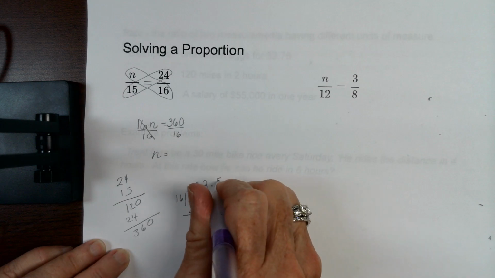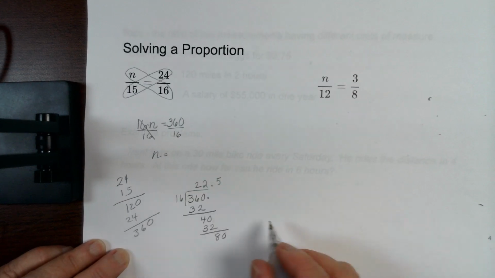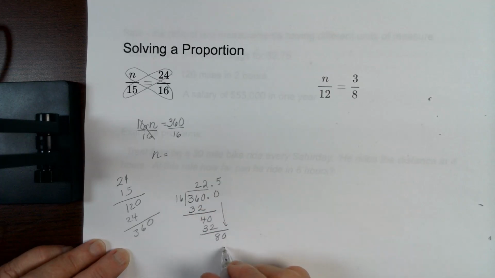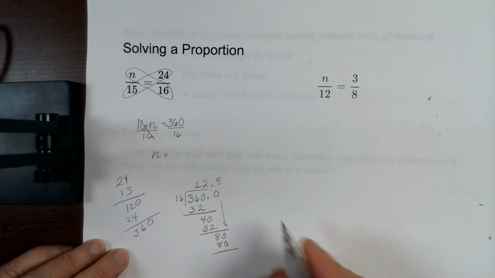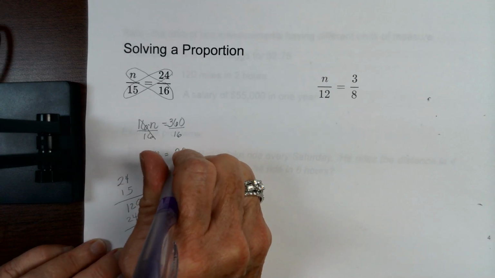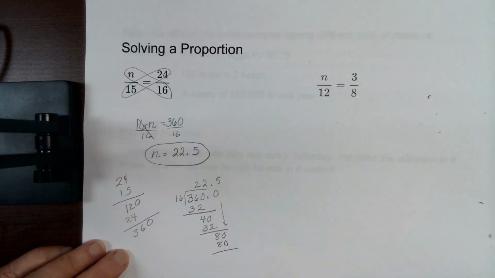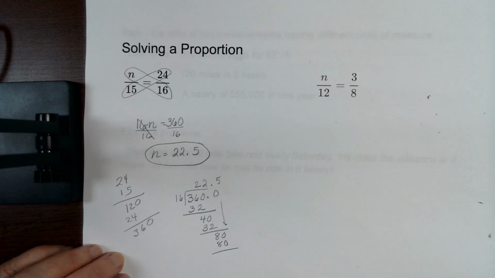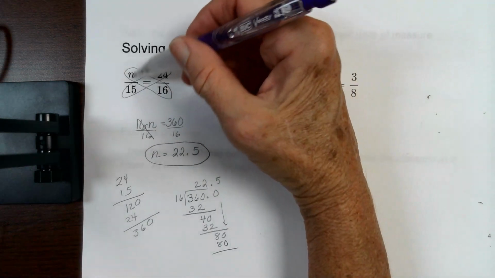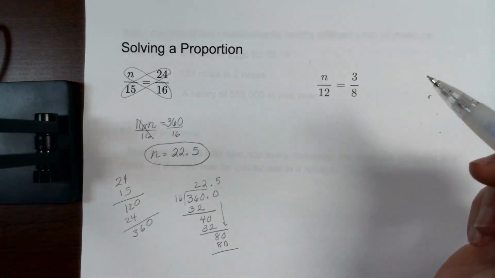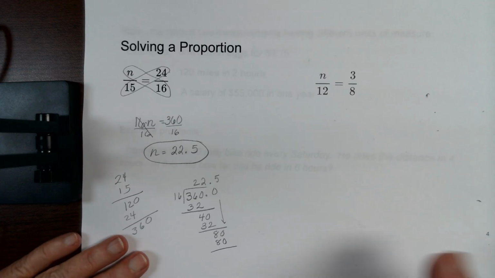Then I move my decimal straight up, add a 0 and bring it down, and that's going to go in there 5 times, and that's where it will come out even. So this is 22.5. That's what n is equal to. That would be what makes these two ratios equal, or makes them a proportion.